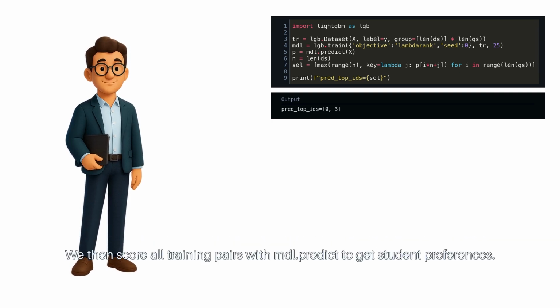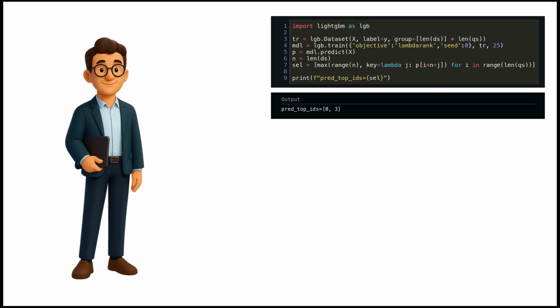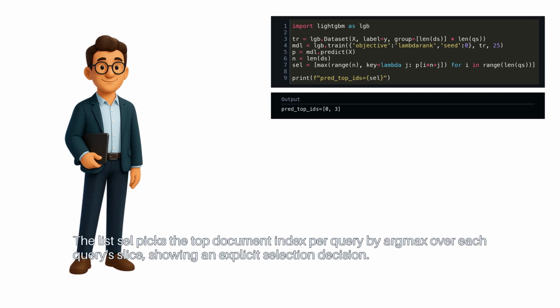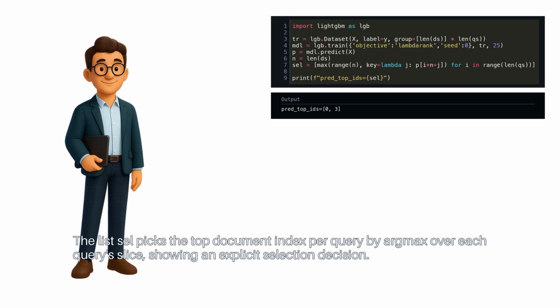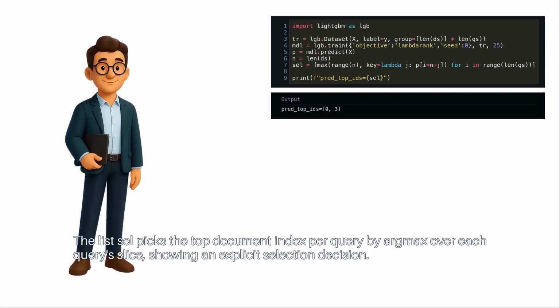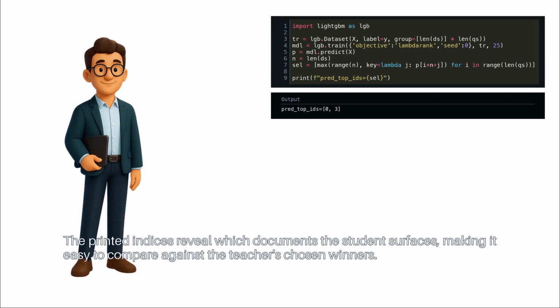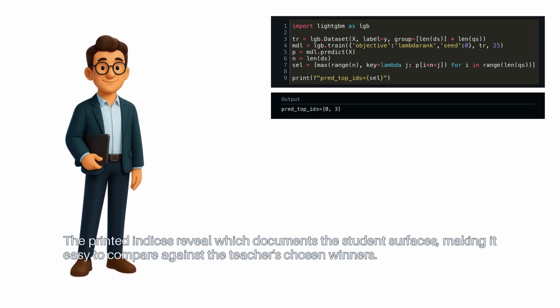We then score all training pairs with MDL.predict to get student preferences. The list cell picks the top document index per query by argmax over each query slice, showing an explicit selection decision. The printed indices reveal which documents the student surfaces, making it easy to compare against the teacher's chosen winners.